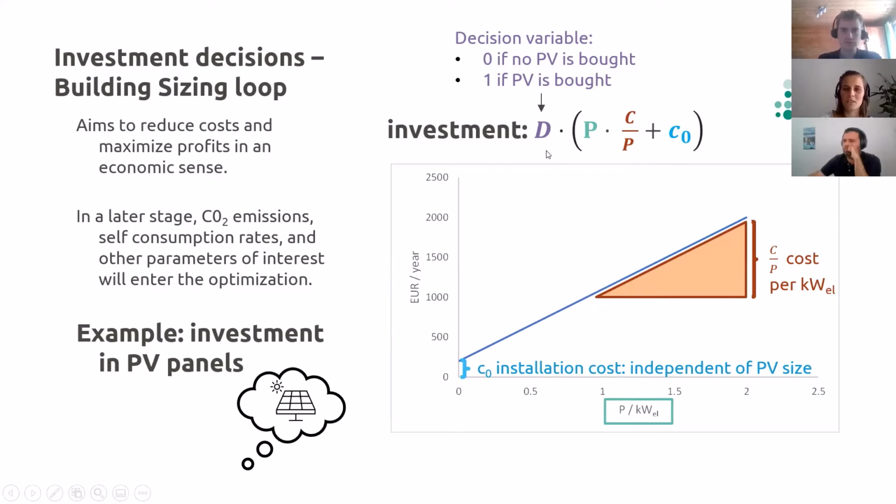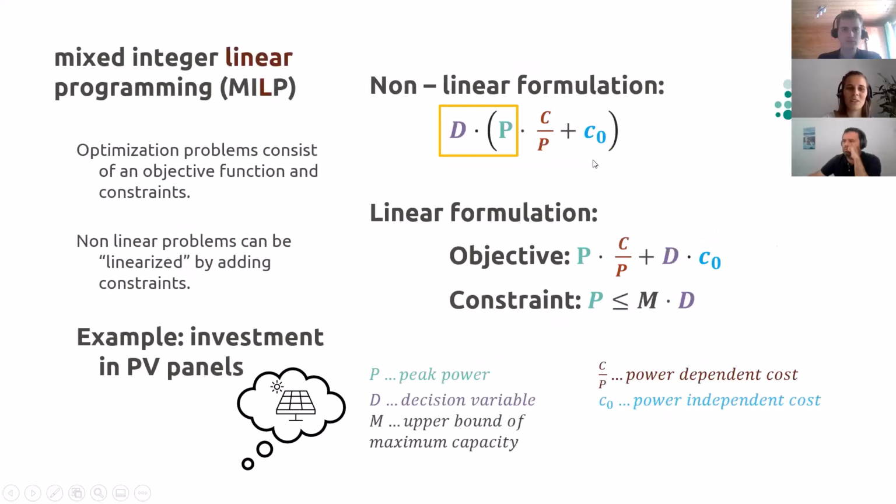Good, so this is the term which describes your cost, and now I will try to tell you how to convert this term into an objective function. So Cruz already explained that an optimization always has an objective function, which is a function you either want to minimize or maximize, and you have constraints, which are extra rules for your variables.